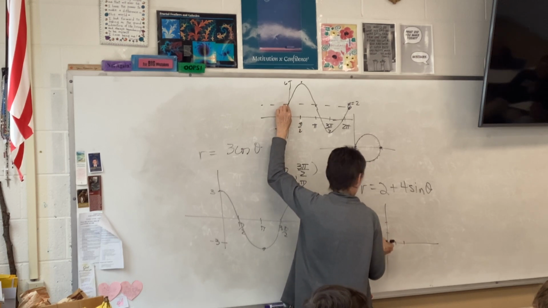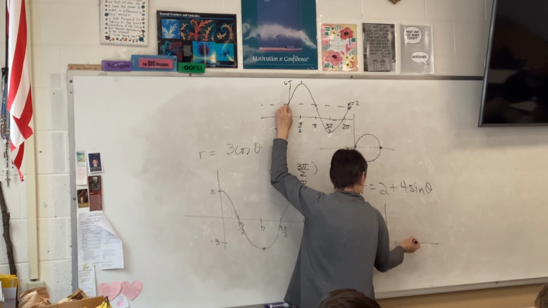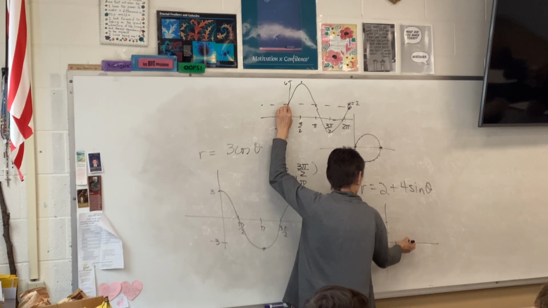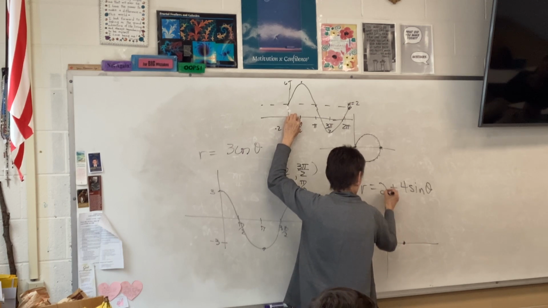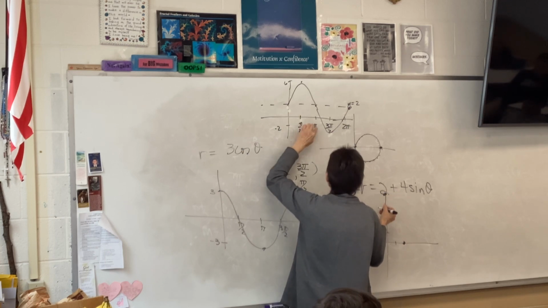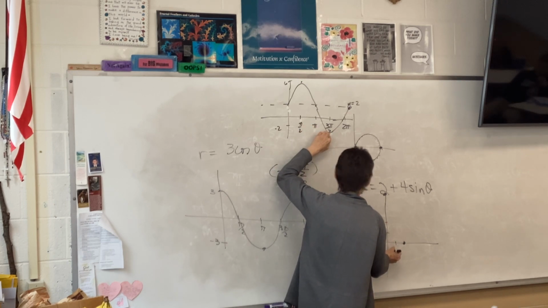So if I put in 0, I got 2. Okay, so there it is, 0, 2. All right, and then I put in pi over 2 and got 6. Oh, that was up here. That's what happened. That's why that was wrong. Pi was 2 again. 3 pi over 2 was, what was 3 pi over 2?